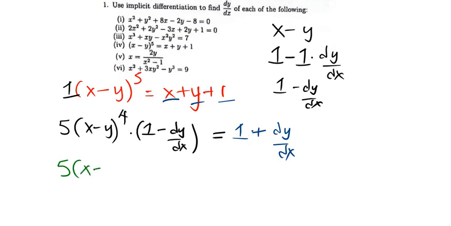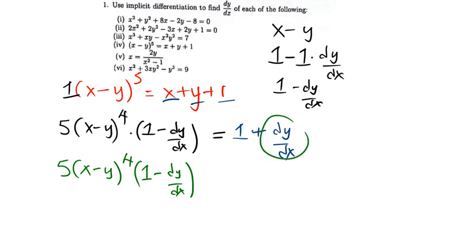5(x minus y) raised to the power 4 multiplied by 1 minus dy/dx. Okay, we can take the dy/dx to the other side. So that will be minus dy/dx equal to 1. Now, knowing that this is multiplication, we can go on and multiply whatever we have here with what is in the other brackets.